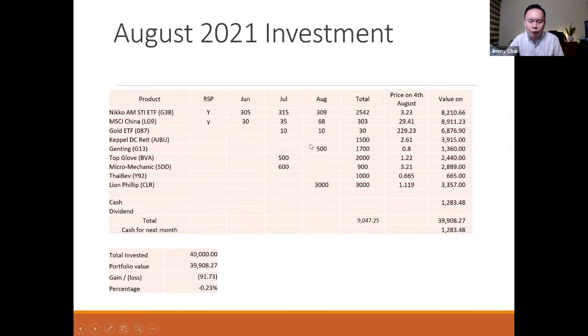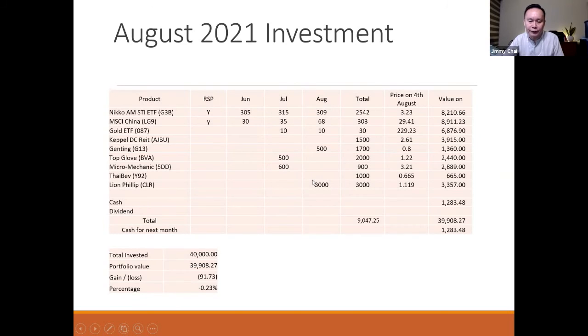The other one I added onto is Genting at 80 cents. It seems to be a recovery stock that I'm looking forward to. I opened a new position today, which previously wasn't there. It's a Lion Phillip REITs ETF.